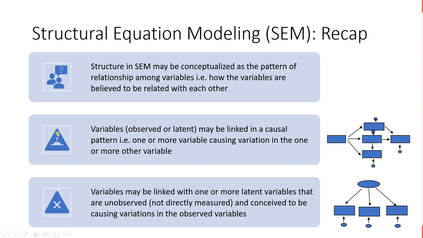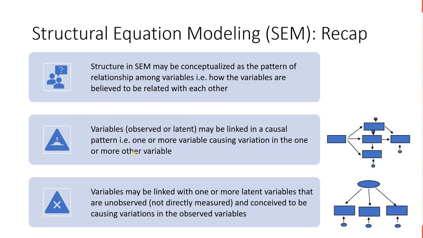So, the structure or the structural relationship may involve the relationship among variables, whether observed or latent or both, and they may be linked in a causal pattern or in any other pattern.